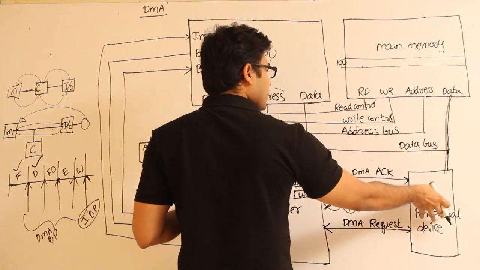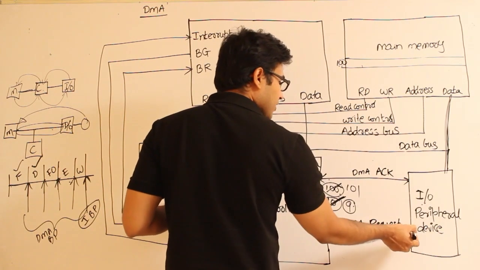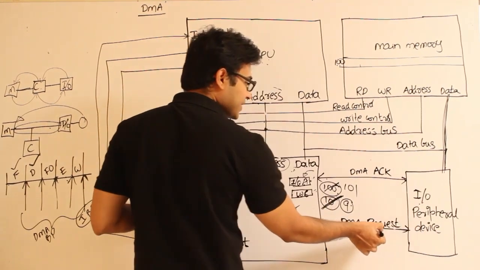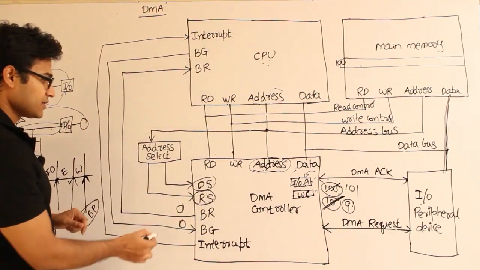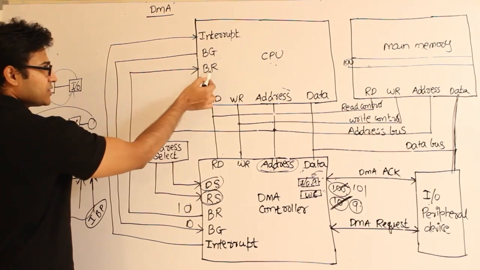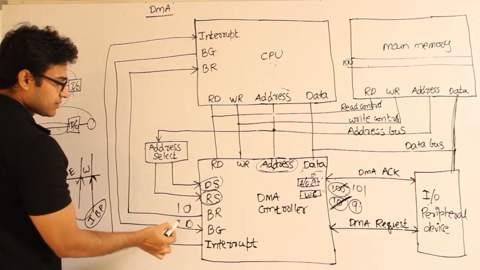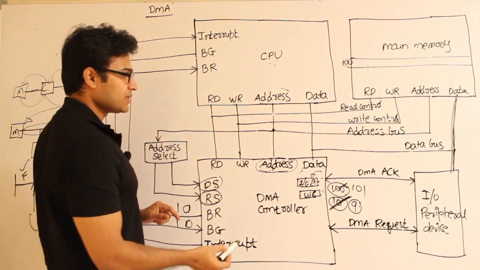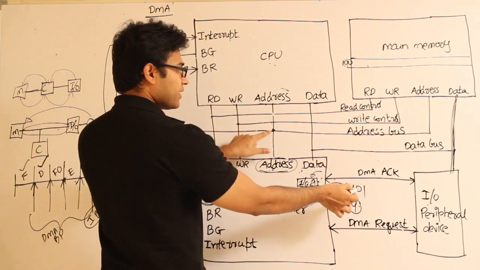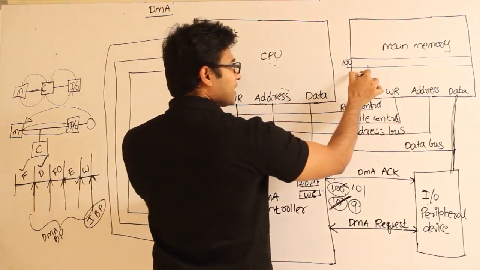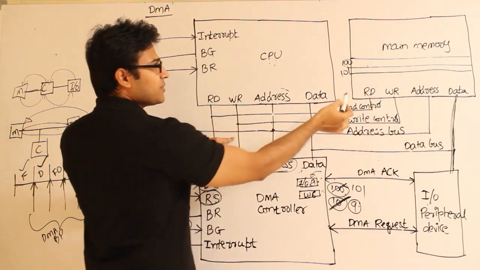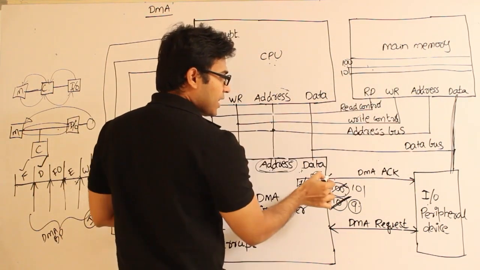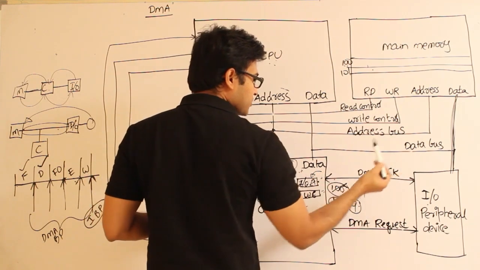So now what happens is, whenever one more word is available here, again our IO peripheral will send a DMA request, and the DMA request will lead to a bus request, and the bus request will be sent to the CPU, and the CPU will say yes, bus grant. Whenever the bus is granted, 101 will be placed on the address, and that particular address means the next word will be selected and write will be selected, which means the next word is ready to be written, and at the same time DMA acknowledgement will be sent.